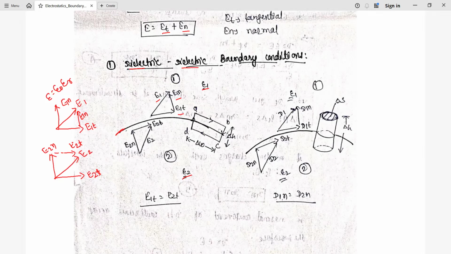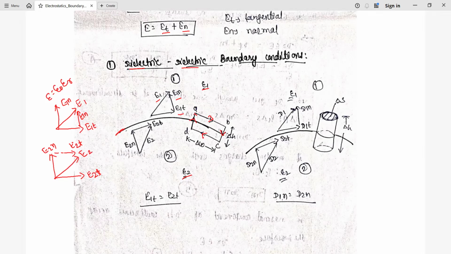Now on this interface, we are going to consider a differential path, A, B, C, D. The direction of the arrow is important: we are going to move in the clockwise direction. On the basis of that, later we are going to write the expression for the electric field intensity.